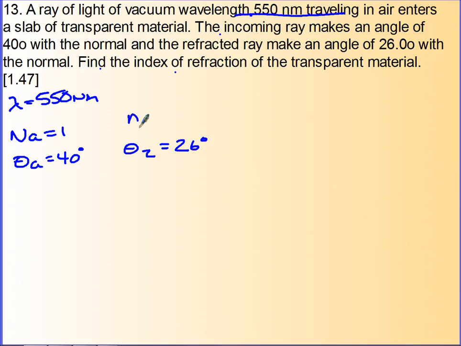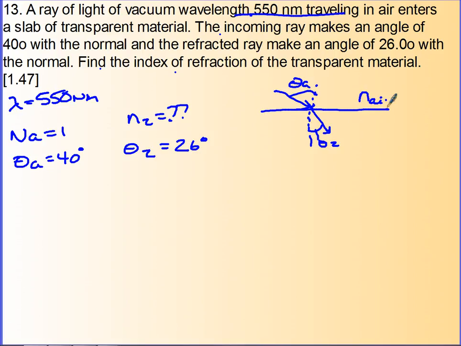Find the index of refraction in the second material. All right, so this one's actually, in some ways, I think easier. So we come in at an angle of 40 degrees, and then we refract. N of air is 1. N2 is, we don't know, we're looking for this one. So N1 sine theta of air equals N2 sine theta 2.